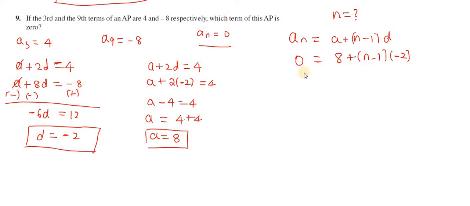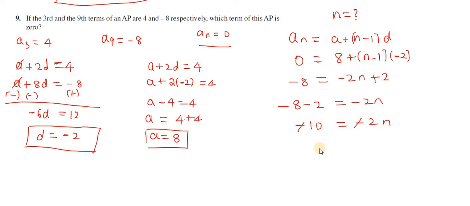2. Simplify: minus 8 is equal to minus 2n plus 2, and transpose this side. Minus 8 minus 2 is equal to minus 2n. Minus 8 minus 2 is minus 10, which is equal to minus 2n.